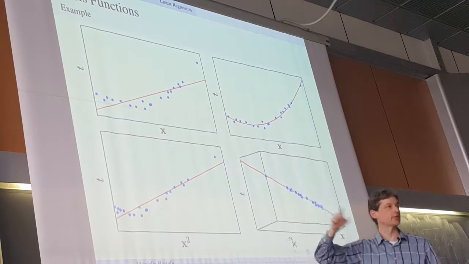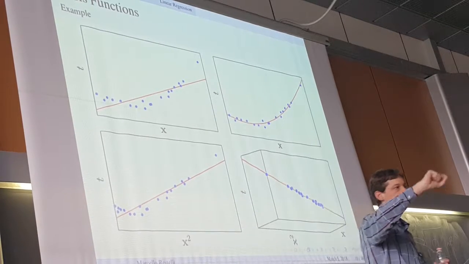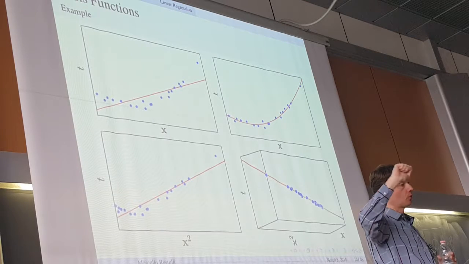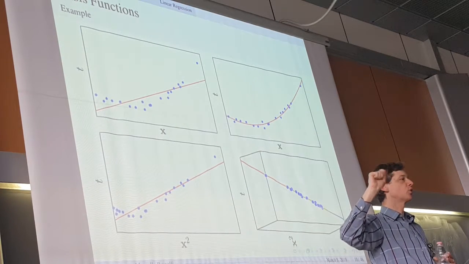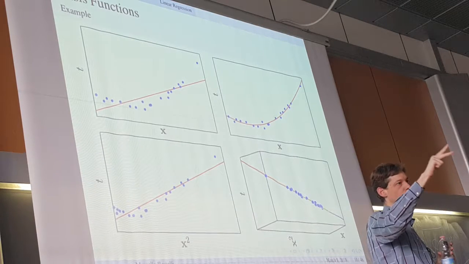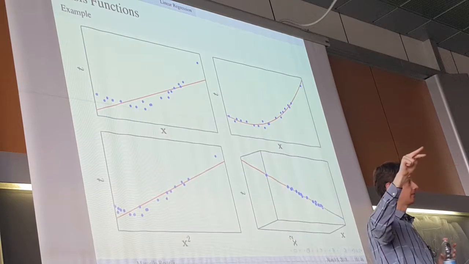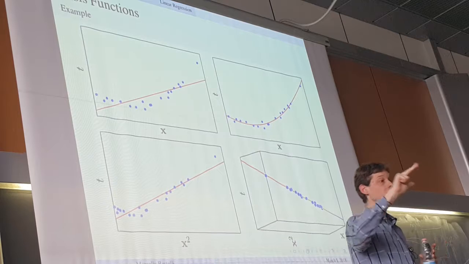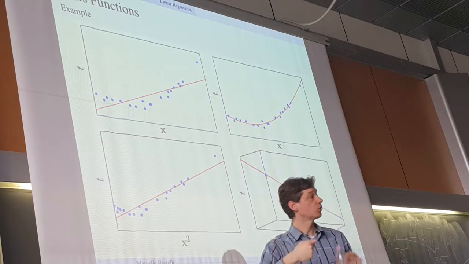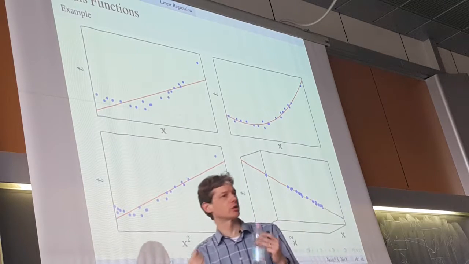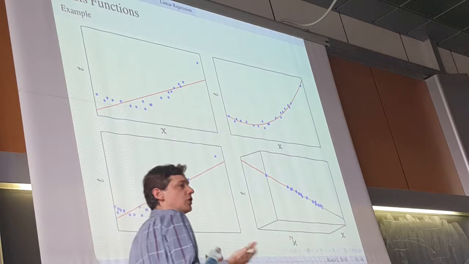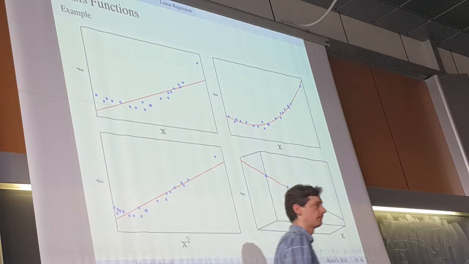This plane is obtained by computing y equal to w0 plus w1 times x plus w2 times x squared, and then by making it learn w0, w1, and w2. But the model is linear because it is linear in w0, w1, and w2. X squared is a feature. For doing linear regression, you do not need features linear in the input space. You can use whatever features you want.